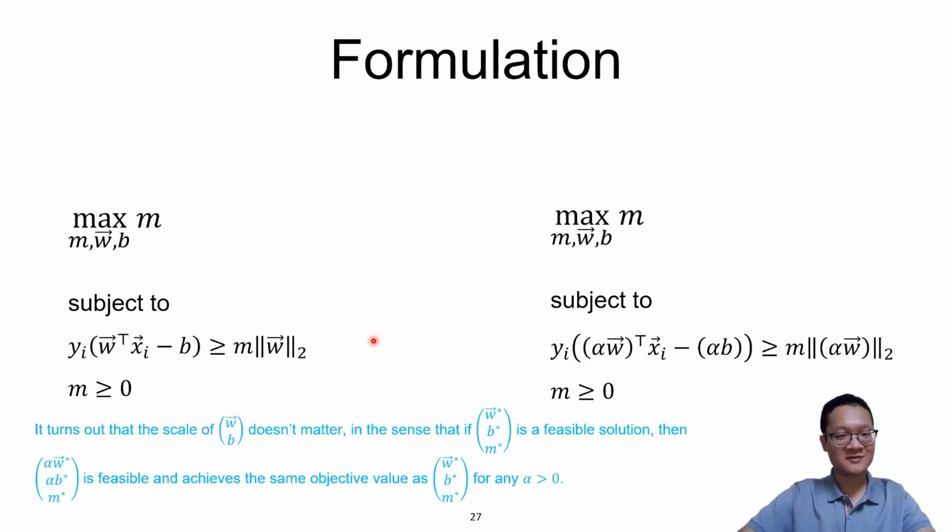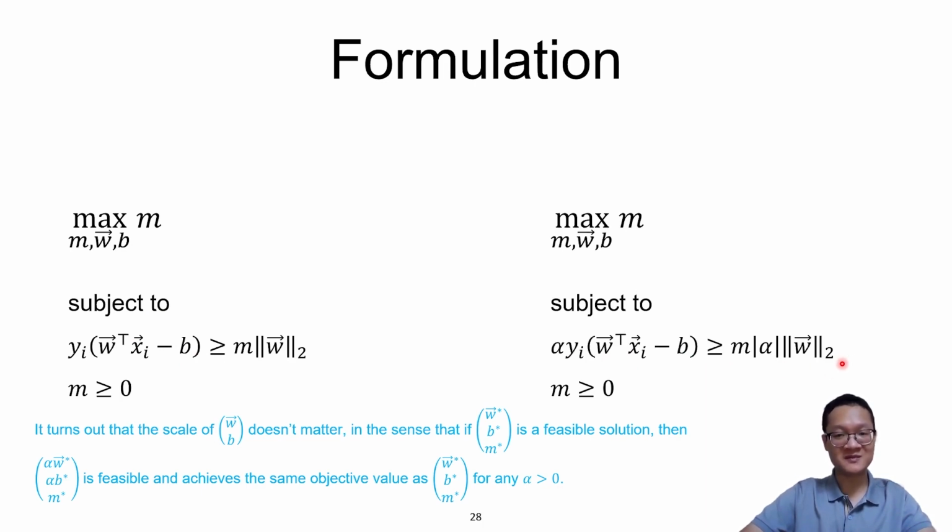Okay, so we're going to continue by noting that the constraint will remain satisfied if we multiply w and b by any number, and we can do that without changing the objective value, right? We can show that by simply plugging in, replacing w and b with alpha w and alpha b everywhere.